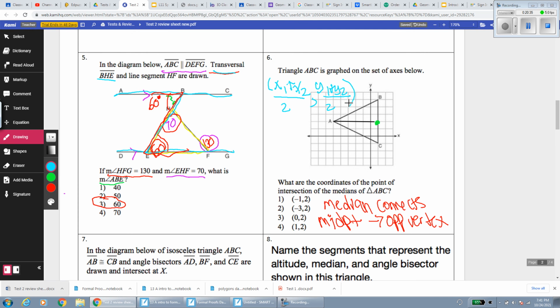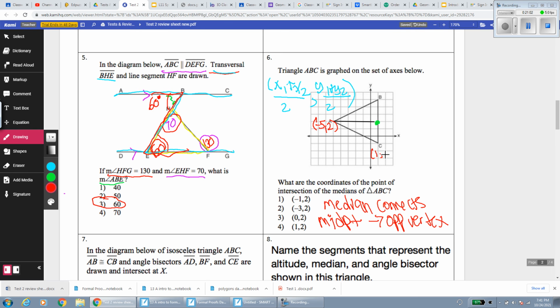I'm not going to show the calculations for the midpoint. You can write down the coordinates of points A, B, and C. I'll write them down so we're on the same page. A is -5, 2. C is 1, -1.